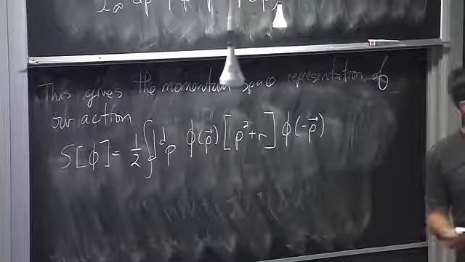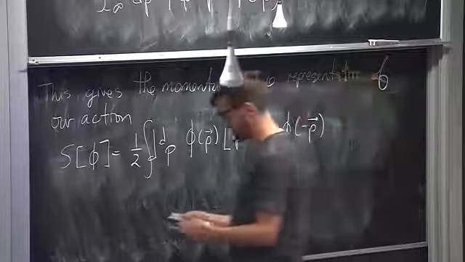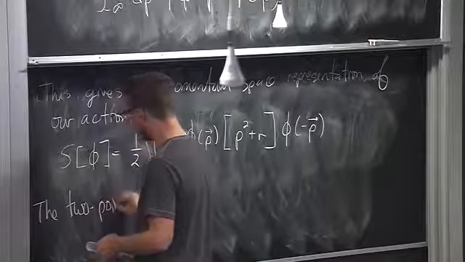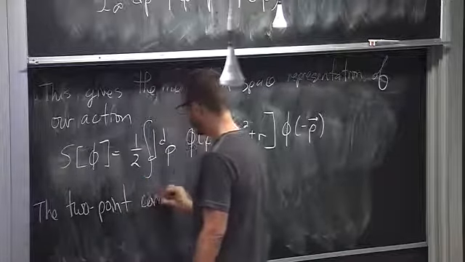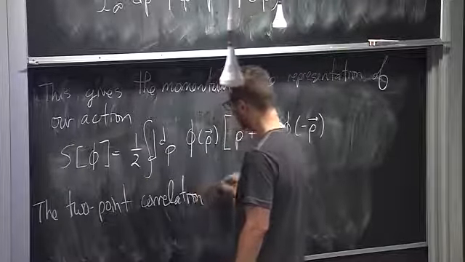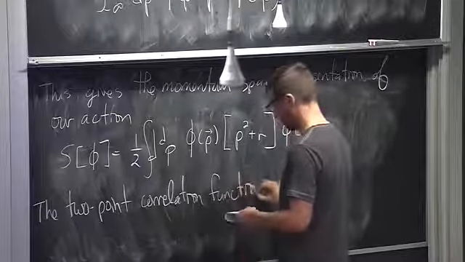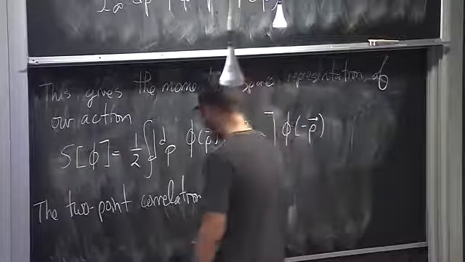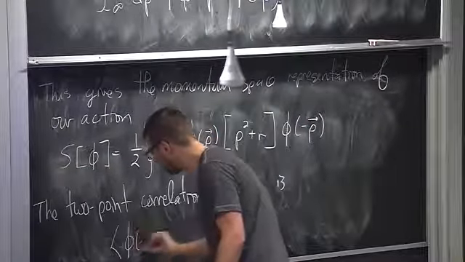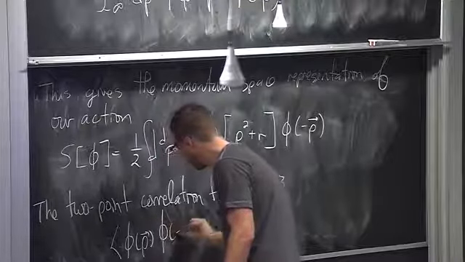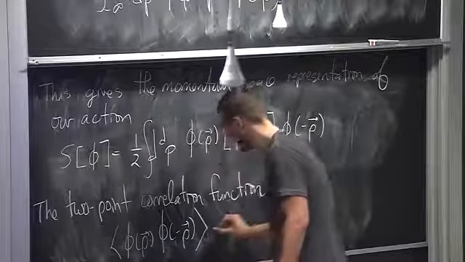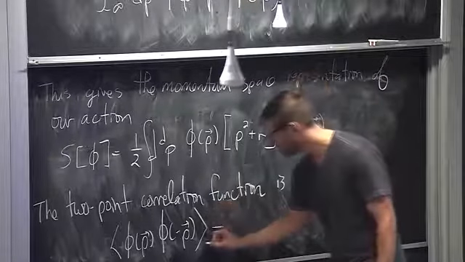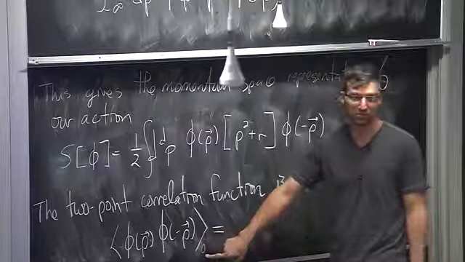But I want to do the 2-point correlation function. Let's do that. So it's defined as the expectation of the fields at P and minus P. It's Gaussian weighted here if you want.